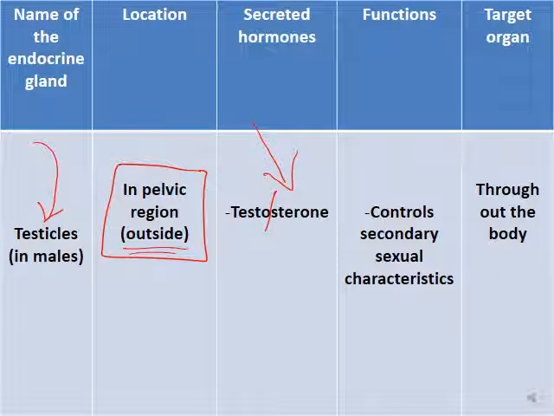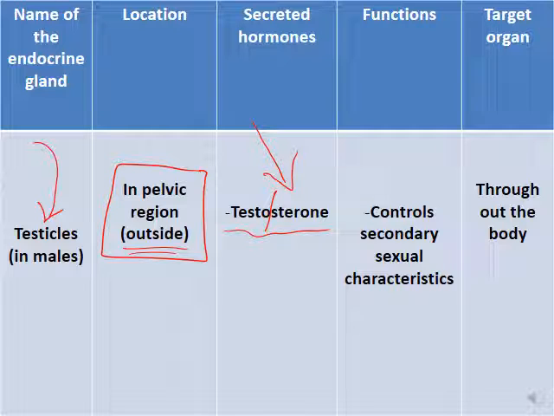Testosterone is the male primary sexual hormone. This testosterone has an important role where it regulates the secondary sexual characteristics, like for example the growth of hair on the body. Let's say, for example, the voice of the man differs from the voice of the female due to the presence of this hormone, testosterone.